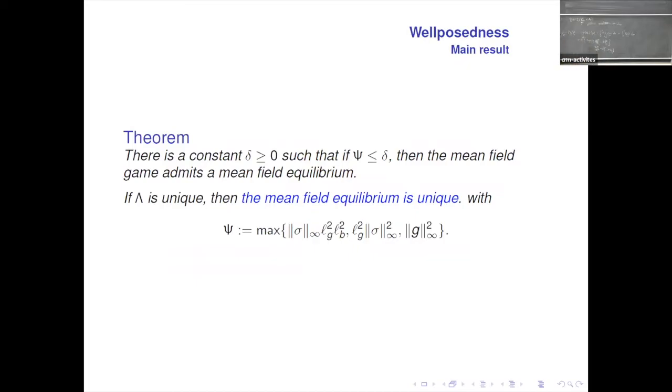The result states that if a quantity is small enough, then you have a unique solution. And this quantity essentially says that G is going to be bounded here, it has small enough norm, and its Lipschitz constants are small; then we have a unique solution for the problem.